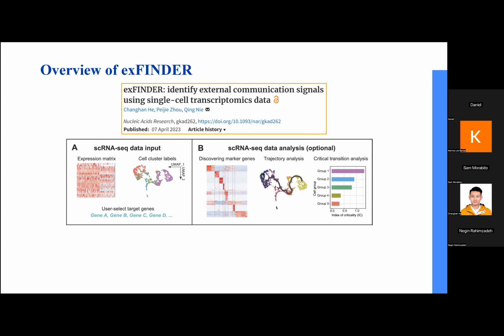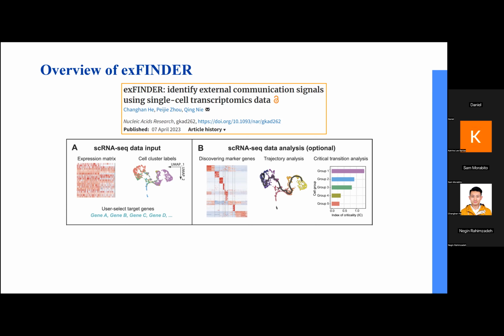Compared to current methods, where we usually start from the ligand and explore the downstream genes, from top to bottom, here we select the target genes first. That means we start from the bottom and go up.